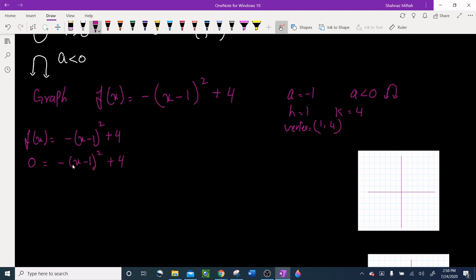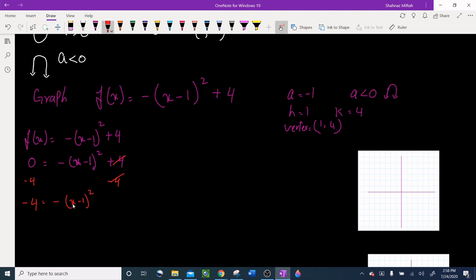All we are trying to do is get x by itself. So the first thing I would do is subtract 4 from both sides. They cancel, and I'm left with -4 equal to -(x - 1)².